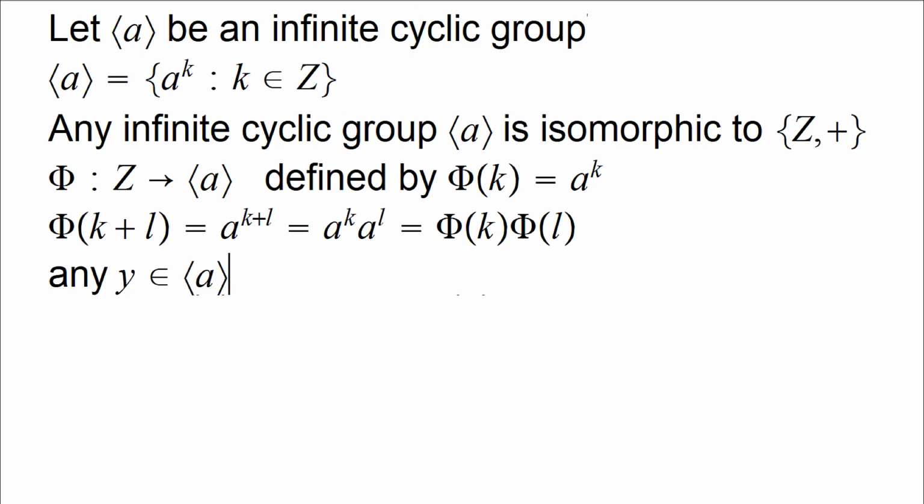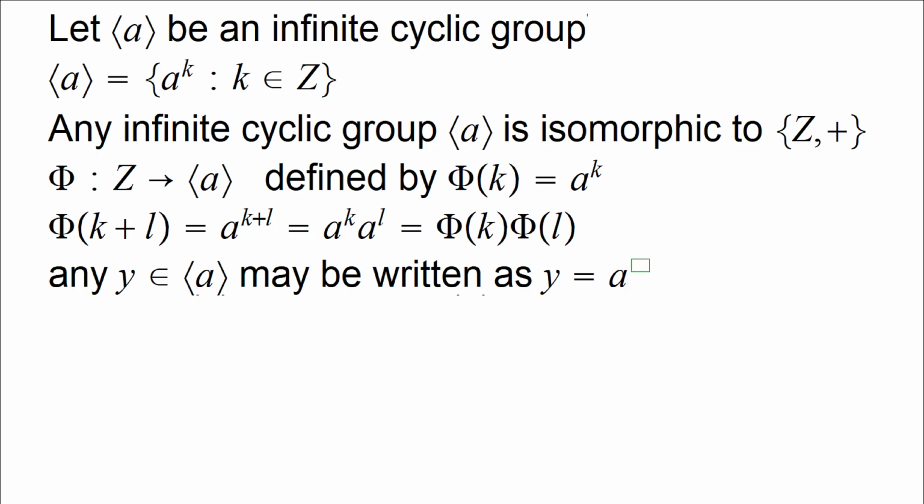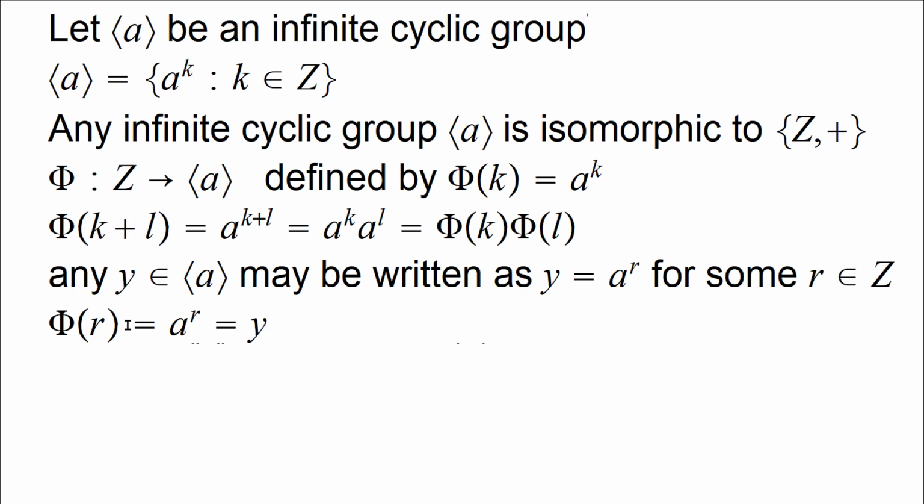So any y in this cyclic group may be written as, remember all the elements are powers of a, y equals a to the r for some r in Z. So now we have phi r equals a to the r equals y.